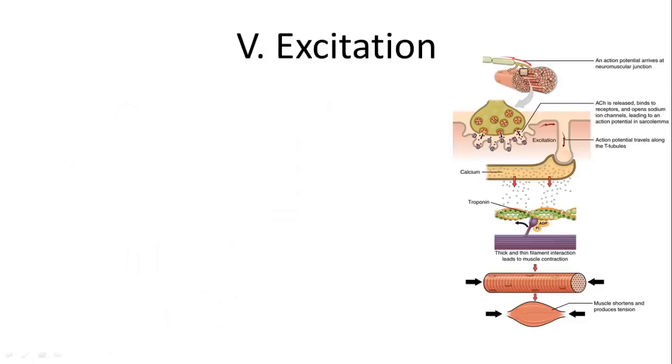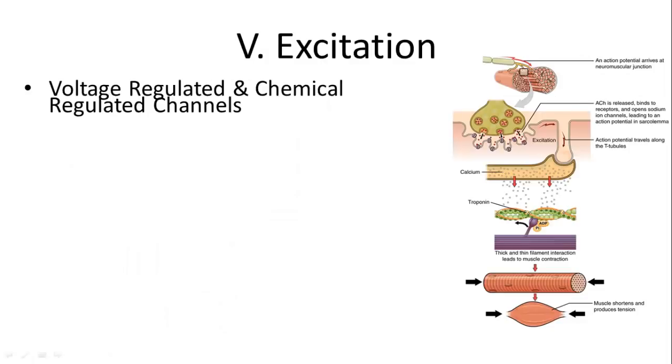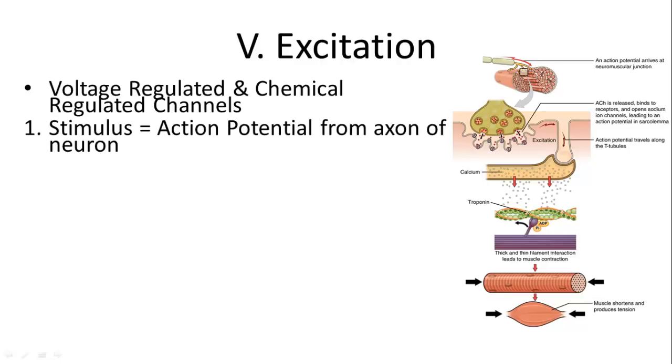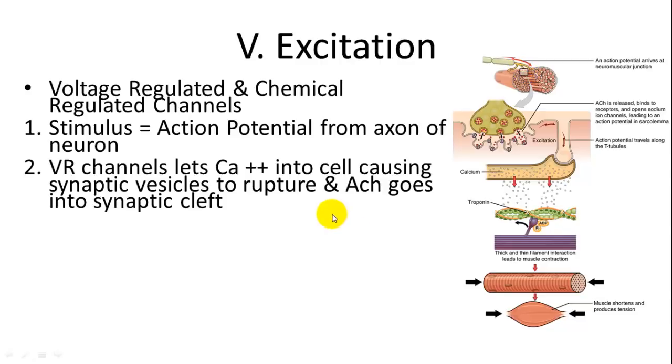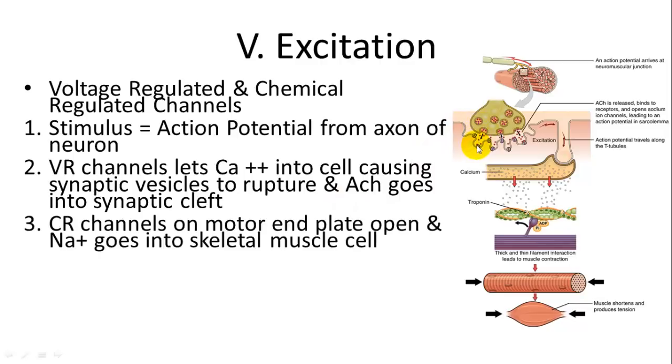So excitation occurs through these voltage regulated and chemical regulated channels. Again, it all starts with the stimulus from the neuron, which reaches the axon terminal. The voltage regulated channels then let calcium into the cell, which causes the synaptic vesicles to rupture. Acetylcholine goes across the synaptic cleft, binds to these receptors, which allows sodium to go into this skeletal muscle.